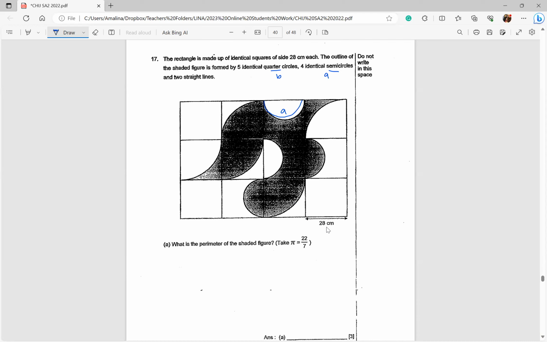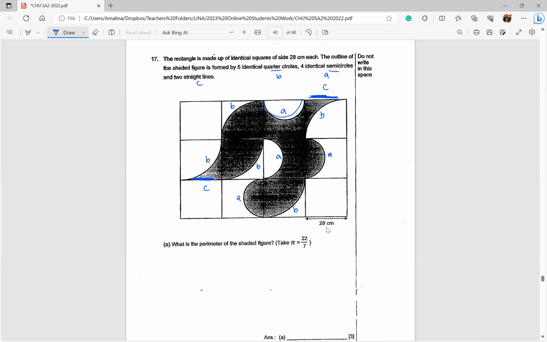Let's look at the semicircles first: A, A, A, and A. There are 4 A's. There's B, B, B, the arc, B, and B. And then your straight lines, 1 here, C, and there's also 1 over here. This is your C.